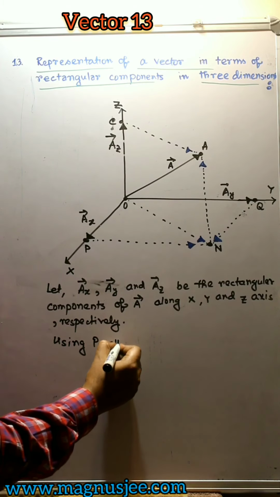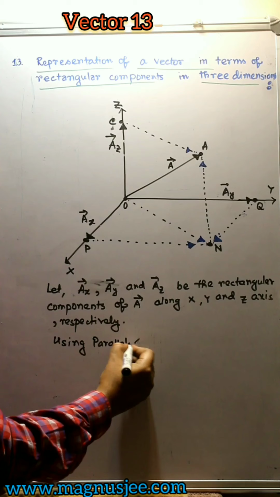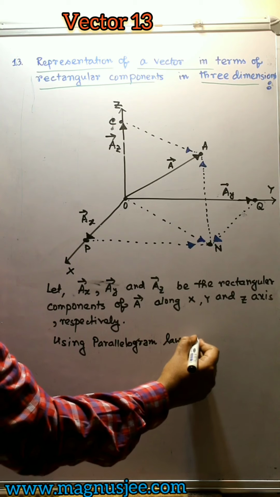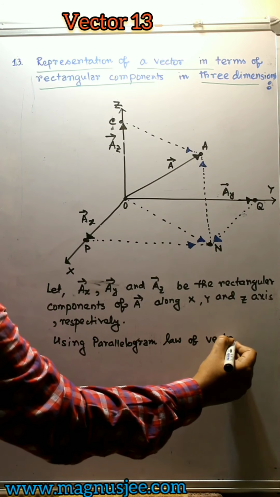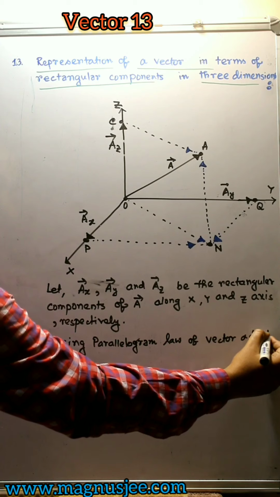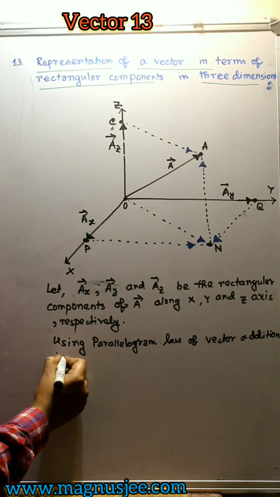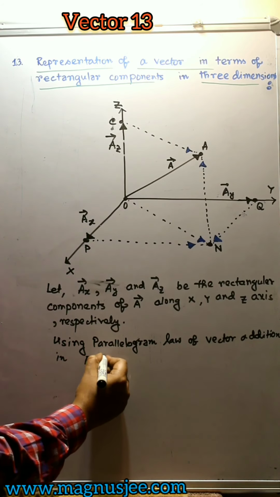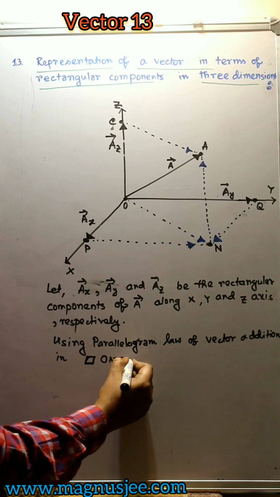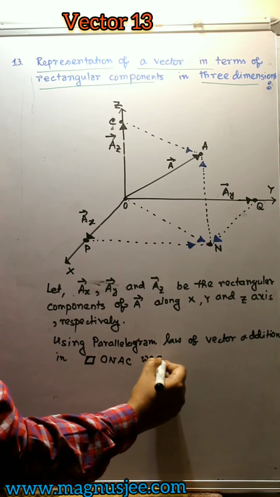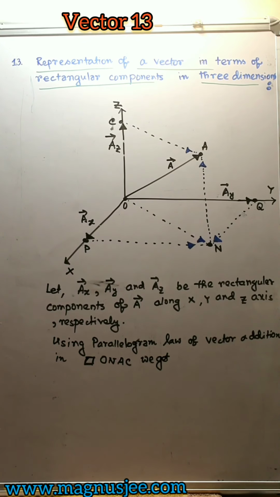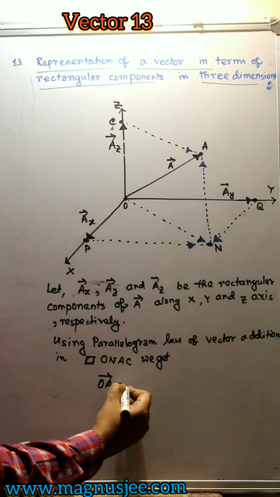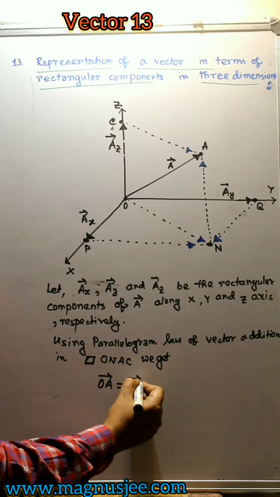Using the parallelogram law of vector addition, in the parallelogram ONAC, we get vector OA equal to vector ON plus vector OC.